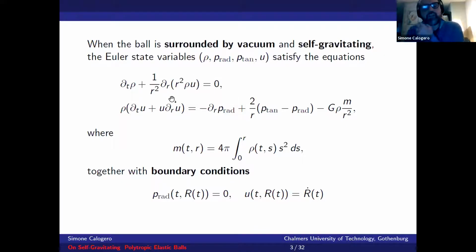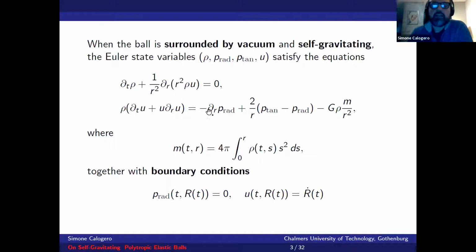So the first equation is just the continuity equation for the mass density. And the second equation is the balance of momentum. So on the left-hand side, we have the convective derivative of the momentum, essentially, so the acceleration. And in the right-hand side, we have the forces which act inside the body.